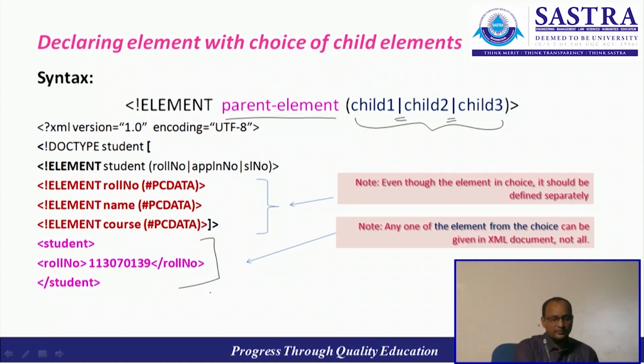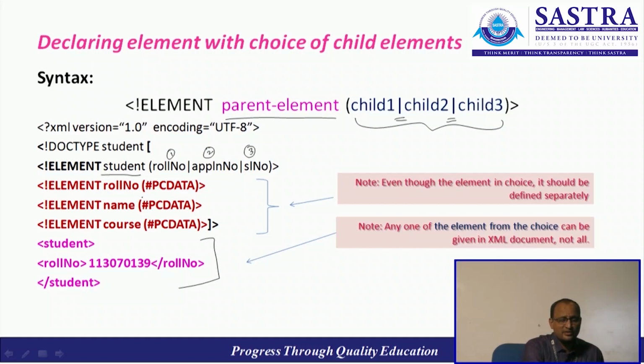Look here, only roll number I have given. So, any one can be a child, not all 3. In this example, I have given 3 child elements. The student is an element which carries roll number or application number or serial number. These are the 3 children, and a definition should be given for all 3.